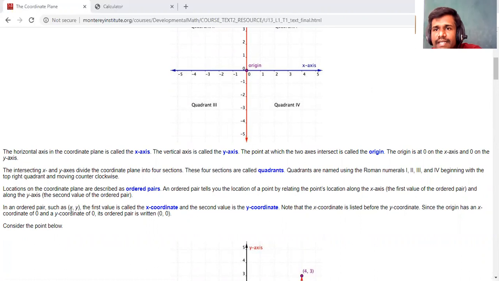Here x is called the x-coordinate or abscissa, and y is called the y-coordinate or ordinate.